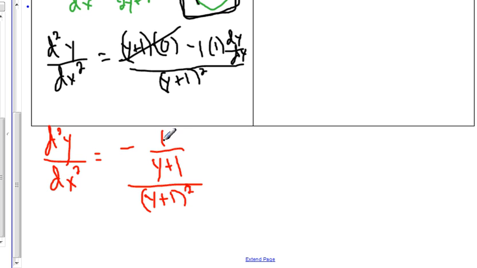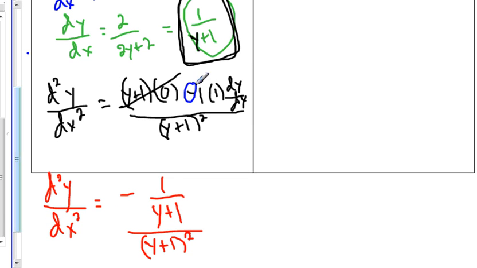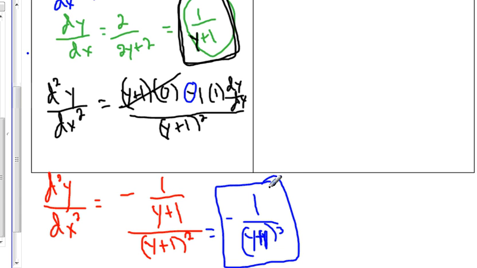The second derivative equals negative, there's a negative right there, dy dx, which is 1 over y plus 1, all over y plus 1 all squared, and this is going to be equal to negative 1 all over y plus 1 all cubed. So that is the second derivative of our original problem, y squared plus 2y equals 2x plus 1.